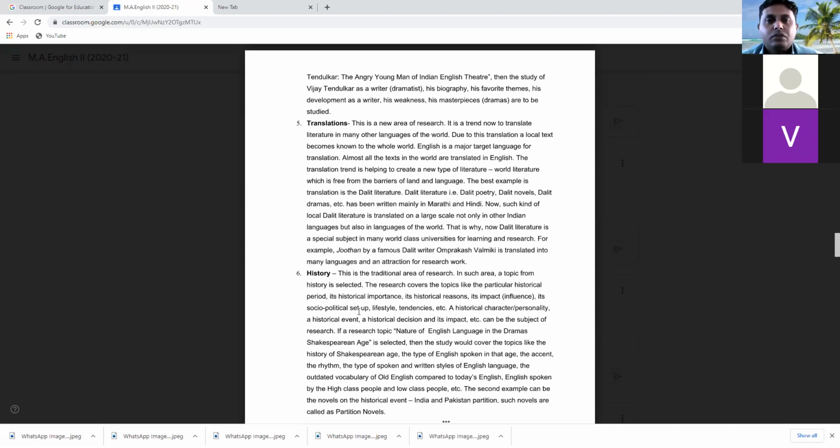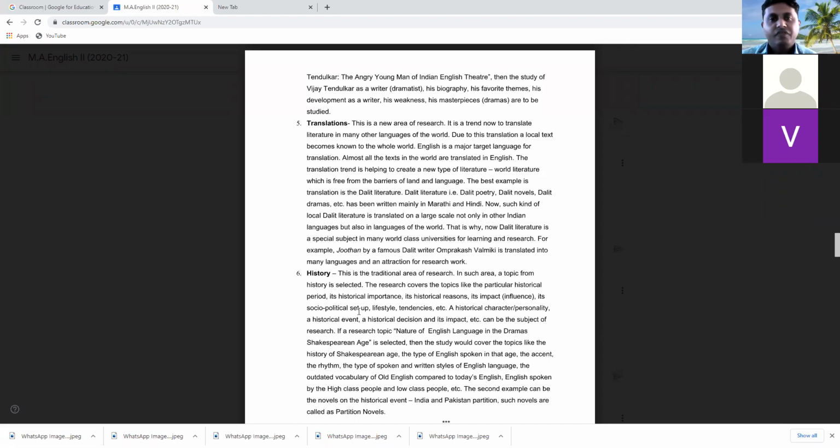So translation is also a research field. If I want to translate a text, I have to research, right? For example, if I want to translate a poem from Marathi to Kannada, then I have to study both the languages first, that is Marathi and Kannada. Then I have to keep the feeling of the Marathi words and maintain that same feeling when translating into the Kannada language, right?